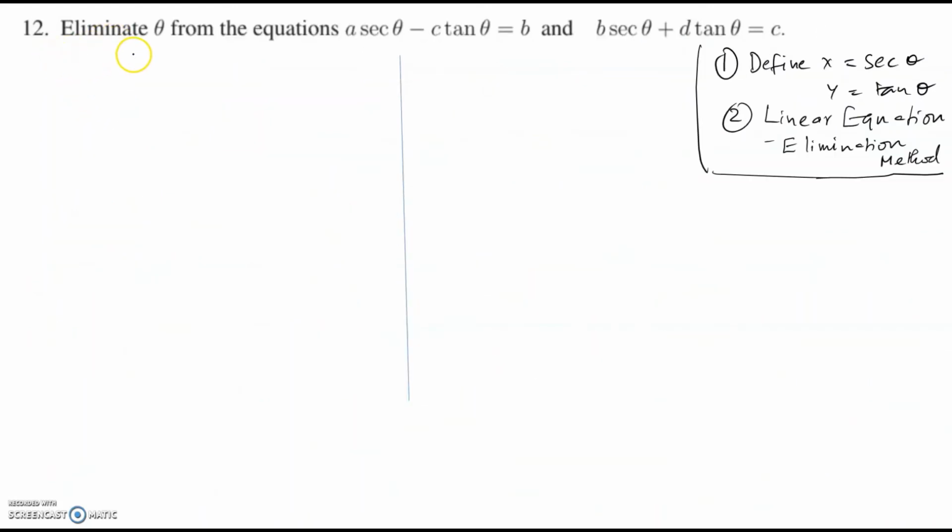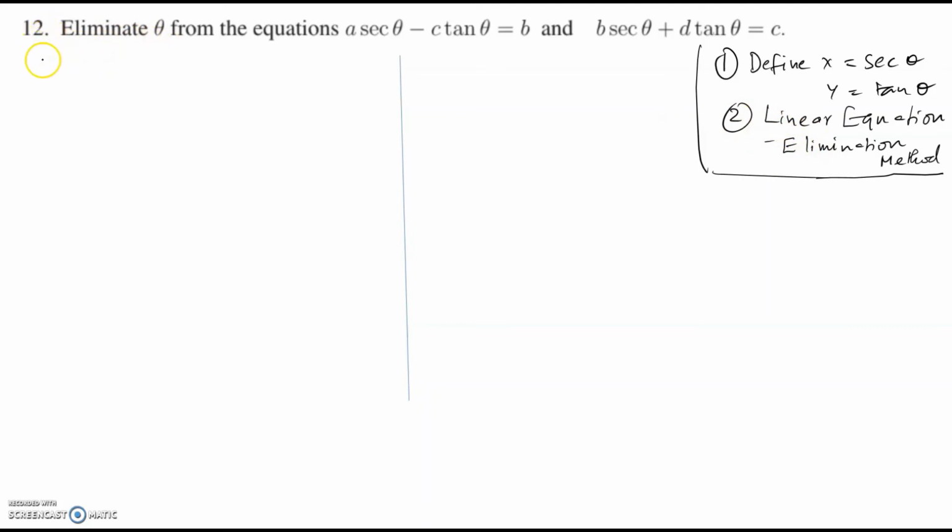Question number 12. Eliminate theta from the equations a sin theta minus c tan theta is equal to b and b secant theta plus d tan theta is equal to c. So for this, what we would do is we would use x instead of secant theta and y instead of tan theta, and so it will become two linear equations. Then we can use the elimination method and solve this problem.